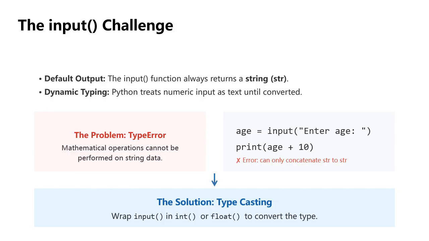Look at this example. If the user enters 25, Python stores it as the text 25. When the code tries to add 10 to it, the program crashes because it doesn't know how to add a number to a piece of text. The solution is typecasting. We must explicitly tell Python to convert that input string into an integer or a float before doing any math. We'll look at the specific functions for this in the next section.